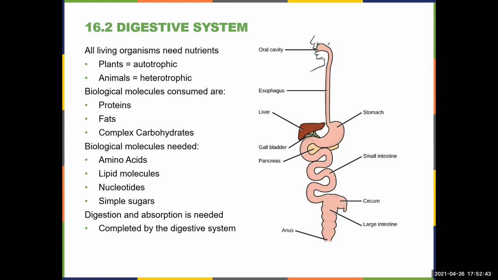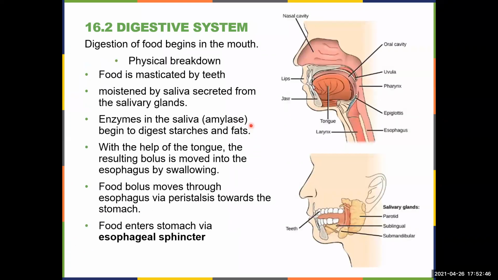And so to start with, we'll talk about where digestion begins, which is the oral cavity, or the mouth. The mouth begins digestion with the physical breakdown of food. So the food is masticated from larger pieces into smaller pieces via the teeth.